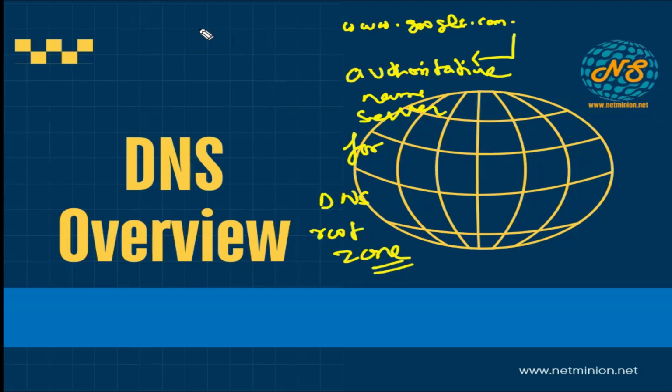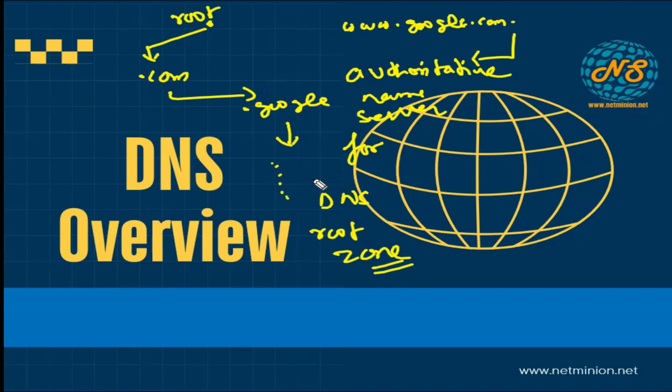So on the top, there is a root. Root will forward to .com, .com will forward to .google. Then if you have blog.google or sales or marketing, you can go ahead in different ways.